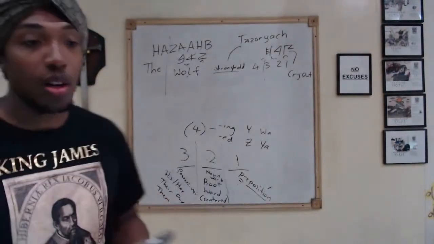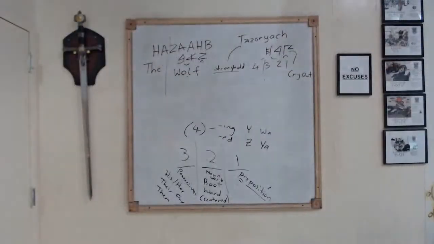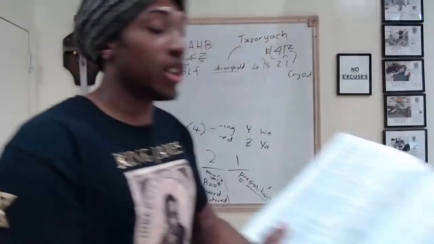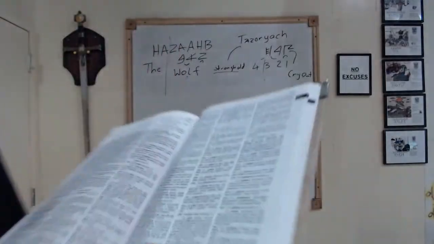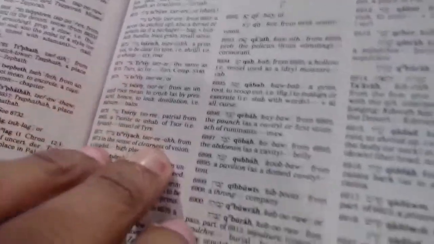And then that's how you go look up the word Tazaryah. You can look up the word Tazaryah, right? Because the word Tazaryah is built off of that word Tazarah, correct? So we were at 6873. Okay, Tazar. We're just gonna go back to the Bible. It says Ya. Tazar Ya. We got Tazar Ya.